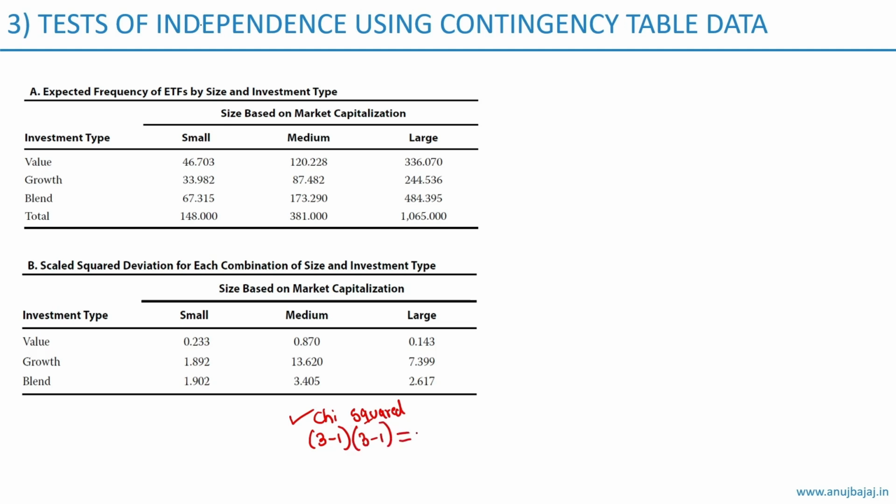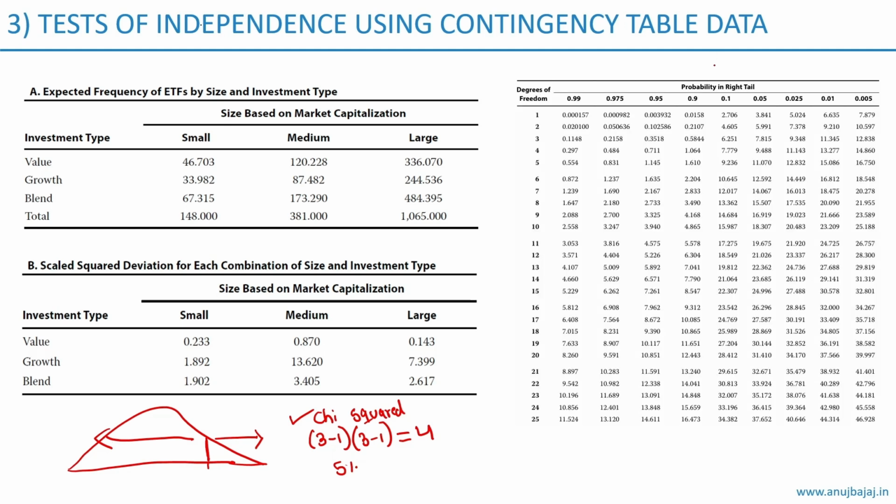So the degree of freedom is 4. And suppose the level of significance specified is 5%. Now based on these 3 pieces of information, let us find the critical value. If you remember, this is a right-tailed test. So suppose this is the critical value. If the test statistic lies to the right of it, then we reject the null hypothesis. But if it lies to the left of this, we accept the null hypothesis.